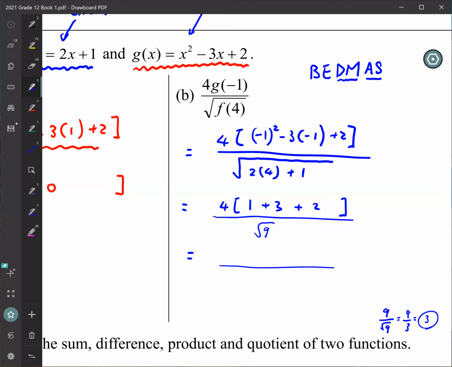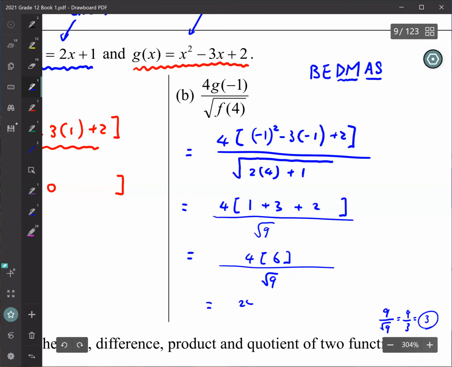So this time we've got to start with the bracket. What's the answer in the brackets? 6. Very good. So you have 4 and then bracket 6. What do we do now in the numerator? Multiplied by 4. What's that?